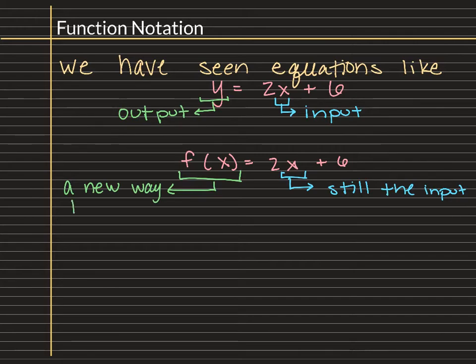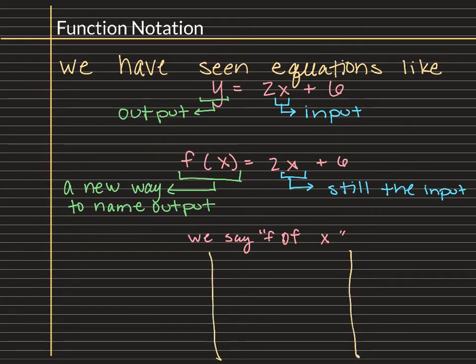F of x is a new way to write y or to name our output. To say this new notation, we say f of x. The parentheses, we say "of." So f of x equals 2x plus 6.